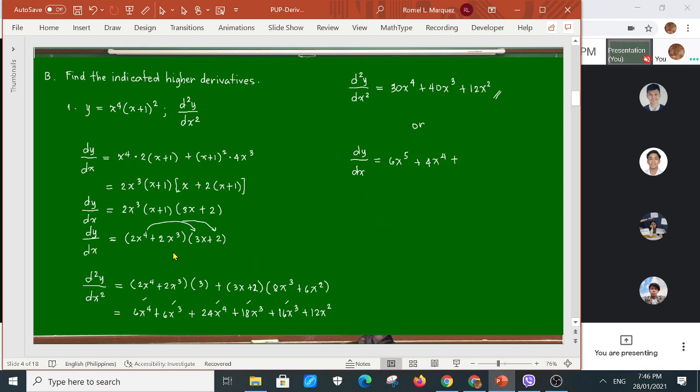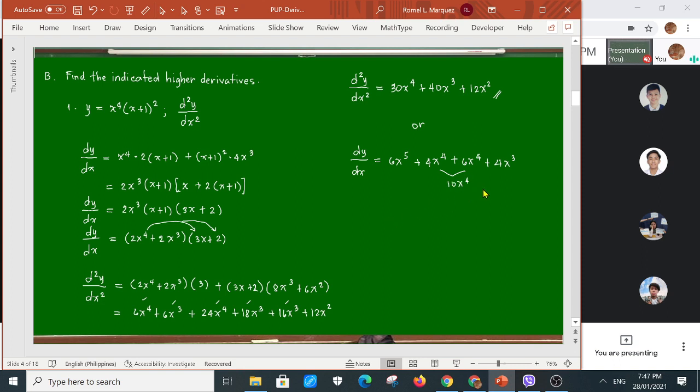Then 6x to the 4th plus 4x cubed. Then these two, 10x to the 4th.